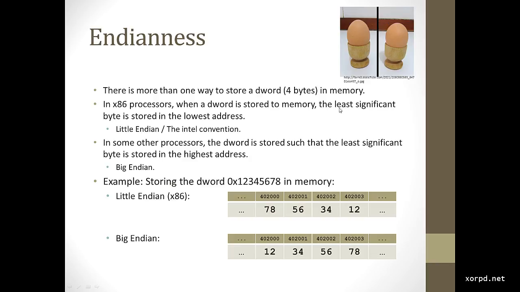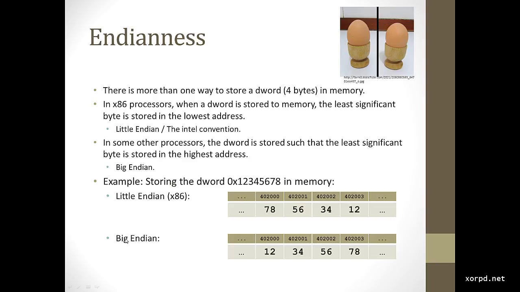Just as it says here, the least significant byte, which is 78, is going to be stored in the lowest address, which is this address, the lowest one. Maybe a bit unexpected, but don't worry, you will get used to it. It has some major advantages. It also has some disadvantages, like everything in life. And don't worry, you will be able to manage with it.